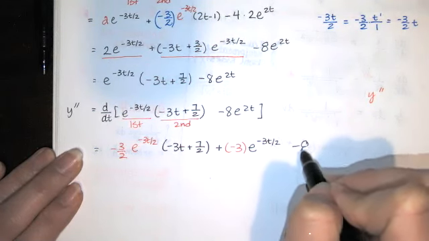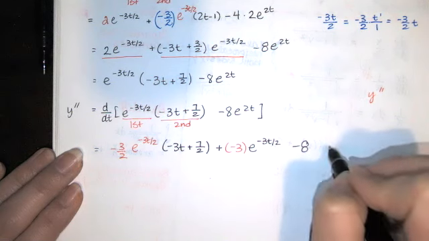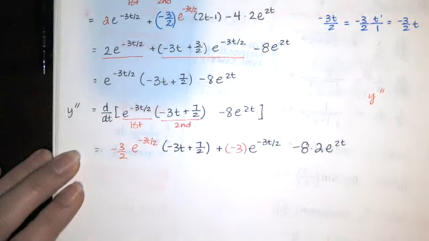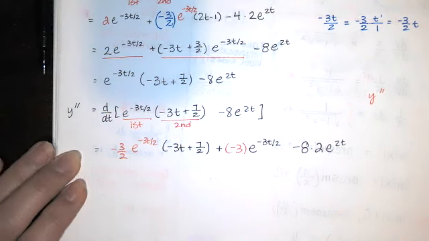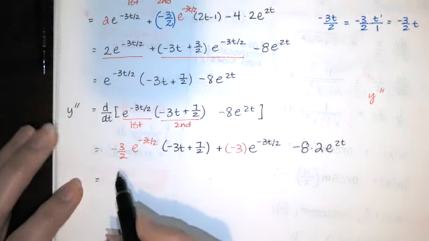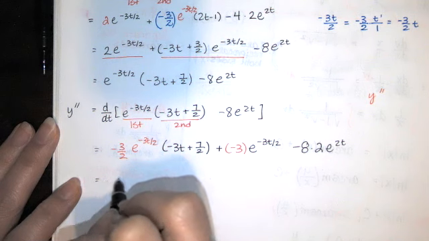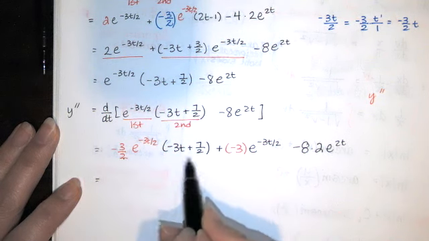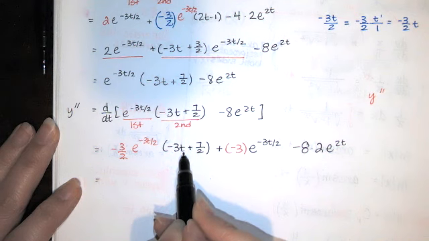Bring the -8 down. Derivative of e to some power is e to that power, times the derivative of the inside. Derivative of 2t is 2. And then here you can distribute if you'd like. We have this -3/2 times -3/1 times t.